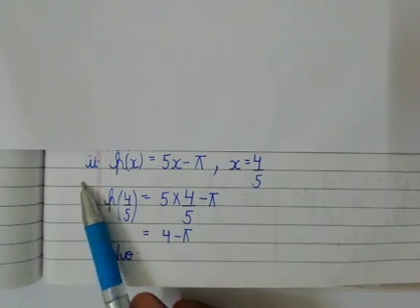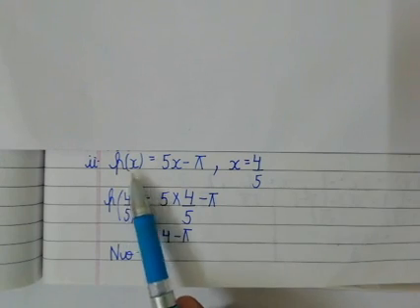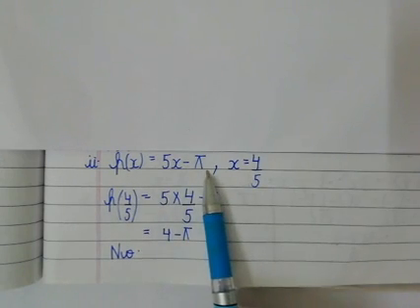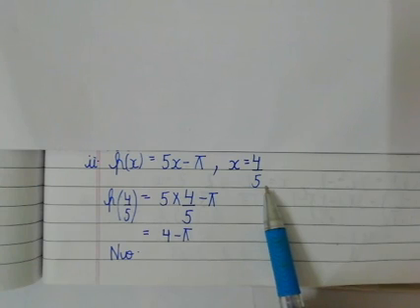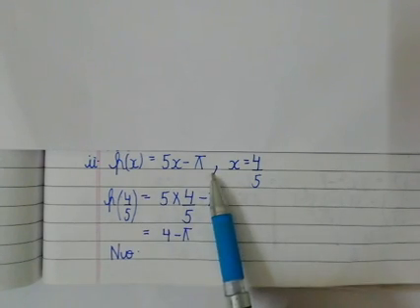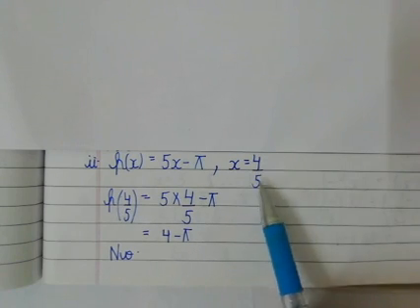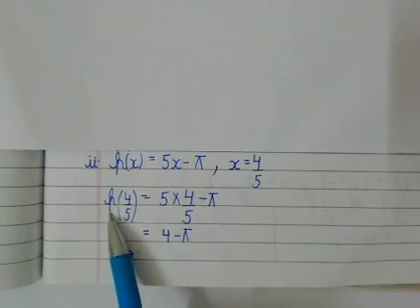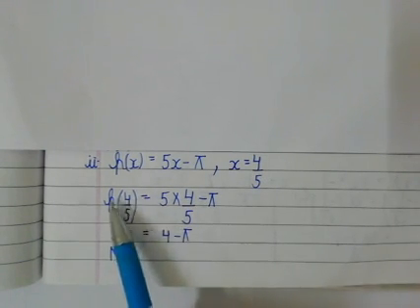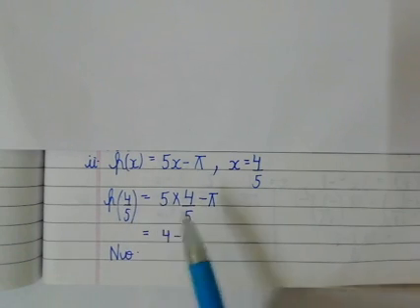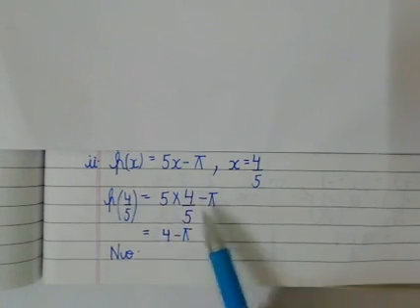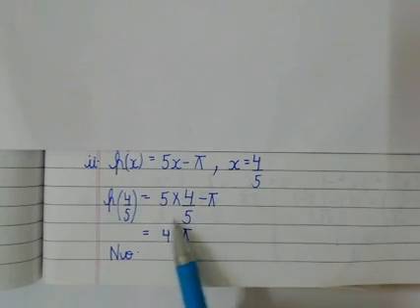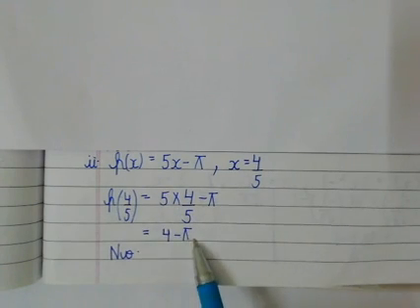Now here is the second part. The polynomial is given to us, p(x) is equal to 5x minus pi, and we have to check whether x is equal to 4 upon 5 is a zero, means a solution, of the given polynomial or not. In place of x we put 4 upon 5. So p at 4 upon 5 is equal to 5 times 4 upon 5 minus pi. 5 cut by 5, 4 minus pi.